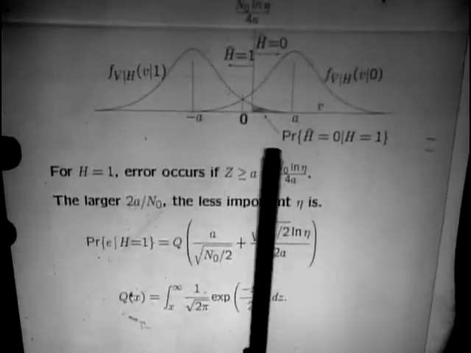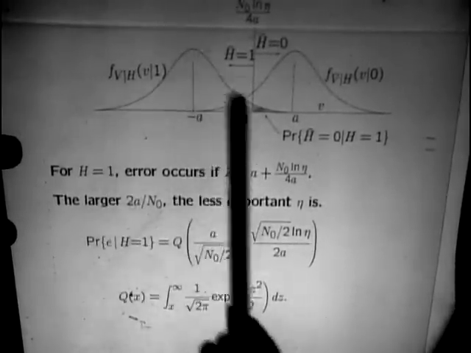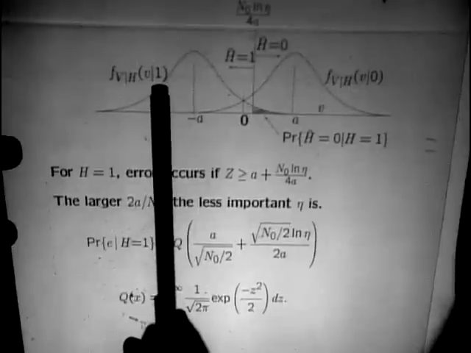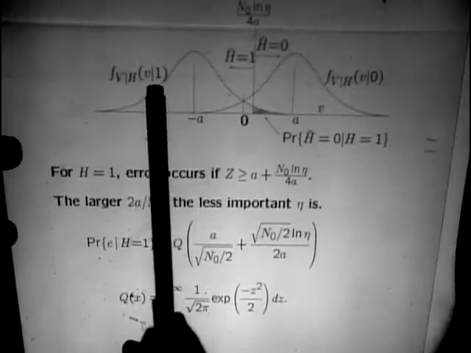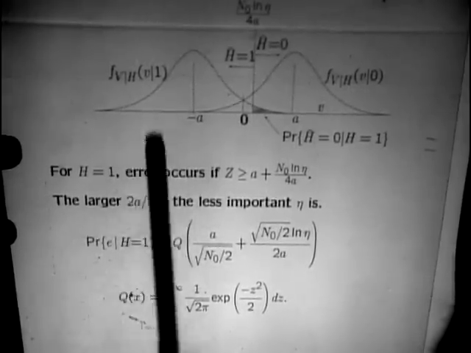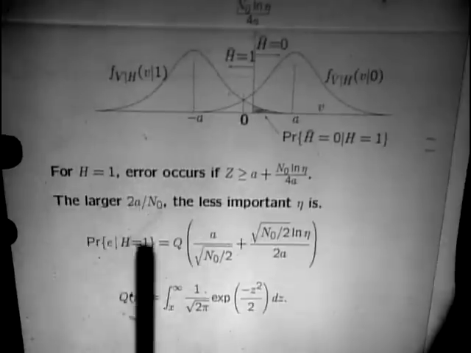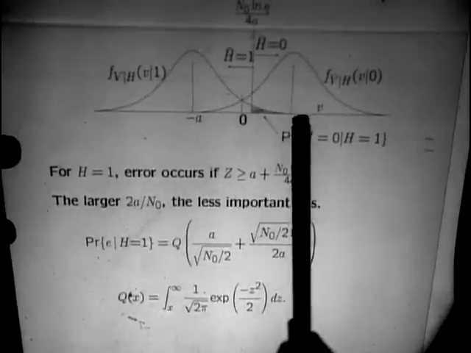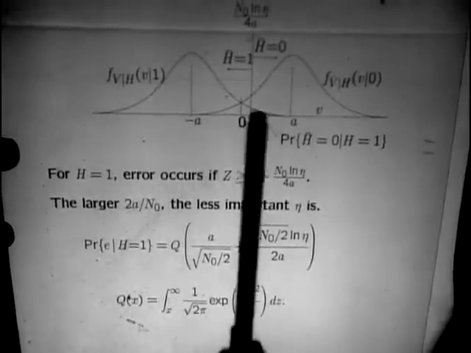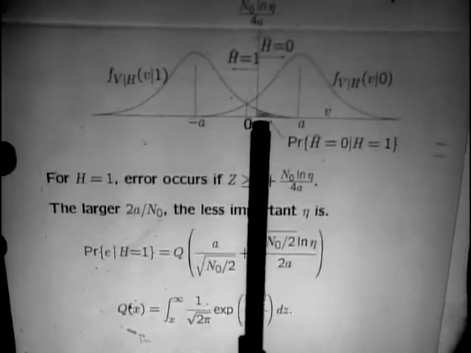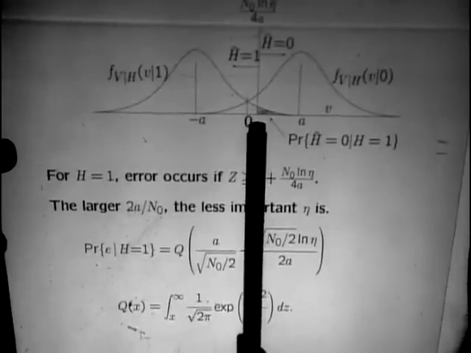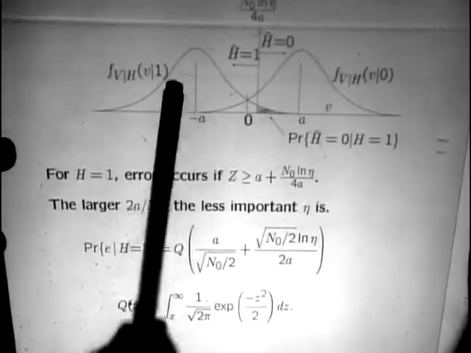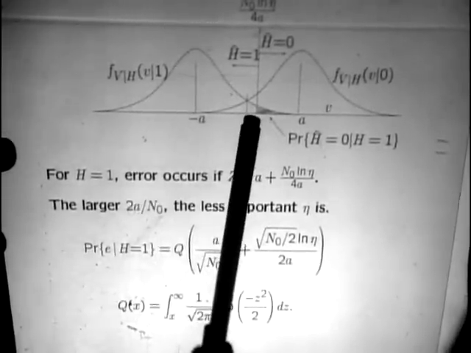So here's the threshold. Here's the density when h equals 1 is the correct hypothesis. The probability of error is the probability that when I send 1, the observation is going to be a random variable with this probability density. And if it's a wild case and I get an enormous value of positive noise, the noise is going to push me over that threshold there.